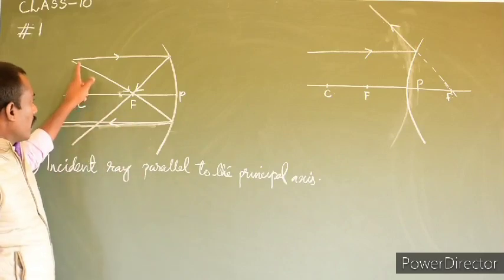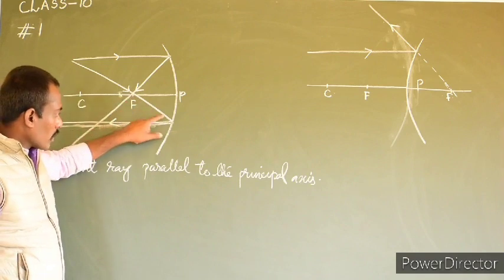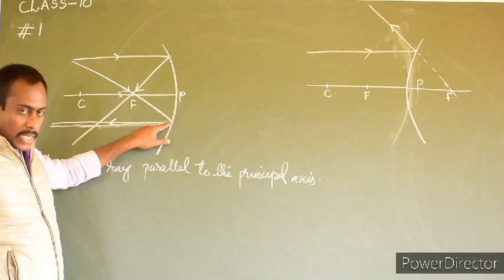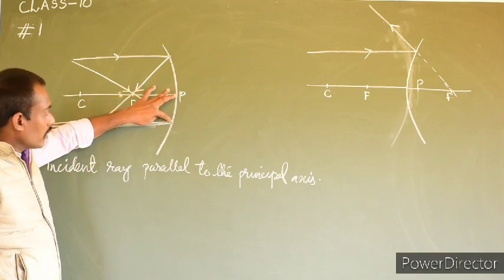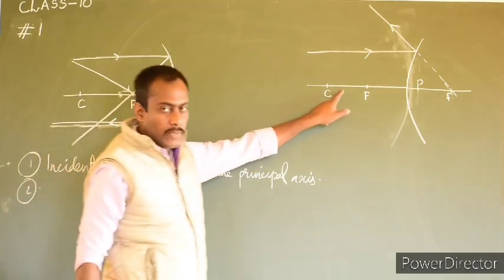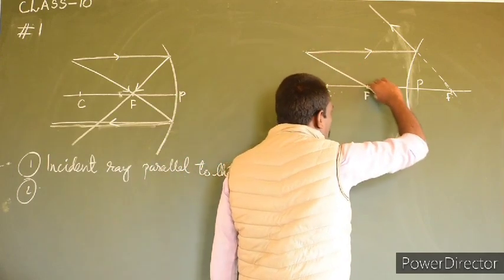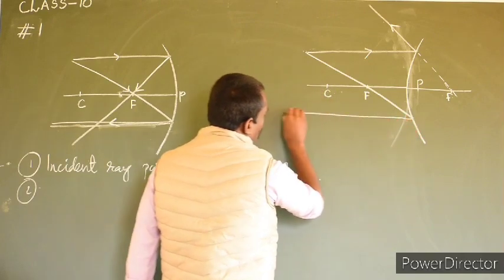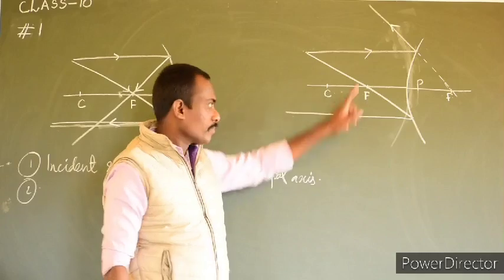If a ray of light is passing through the principal focus and incident on a concave mirror, then that reflected ray will always be parallel to the principal axis. Then for a diverging mirror, a ray of light directed towards the principal focus will reflect back and will always be parallel to the principal axis.